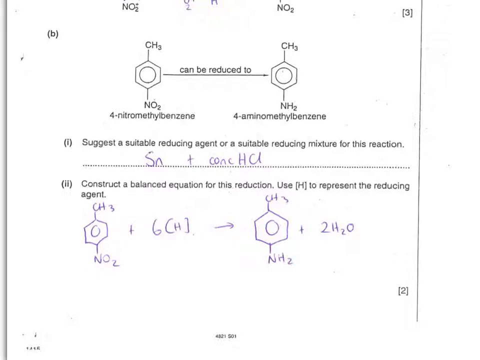On the left hand side, if we don't count this 6 yet because we haven't put it in effectively, we've got 3 on the methyl, 4, 5, 6, 7, which means we need another 6 hydrogens to make this balanced. And you will find for any nitro group being reduced to an amine group, you will need 6 hydrogens and you will make 2 waters. But if you remember that the 2 oxygens in the nitro group are represented by 2 waters over here, it makes the balancing of the hydrogens easy if you forget how many to write here.